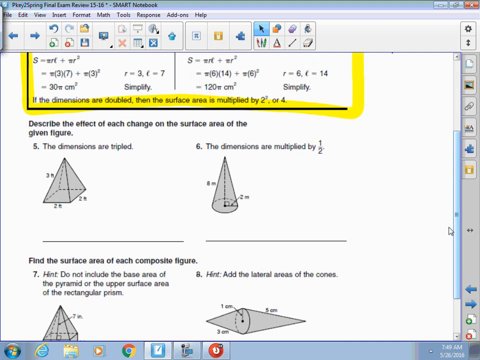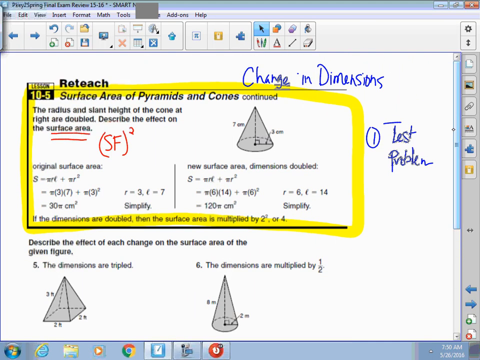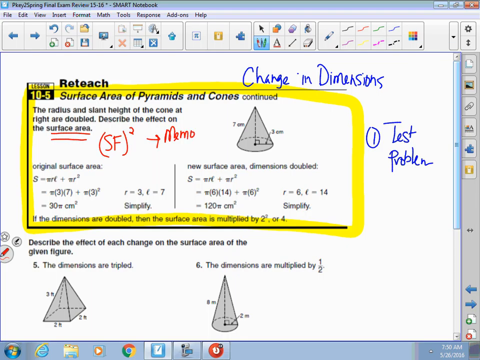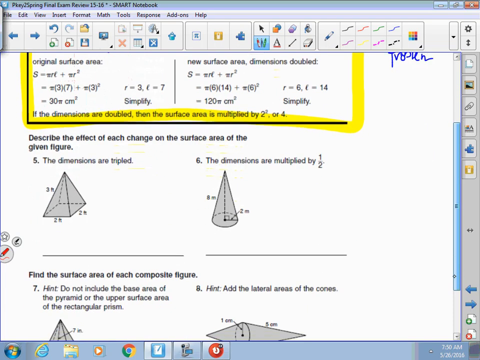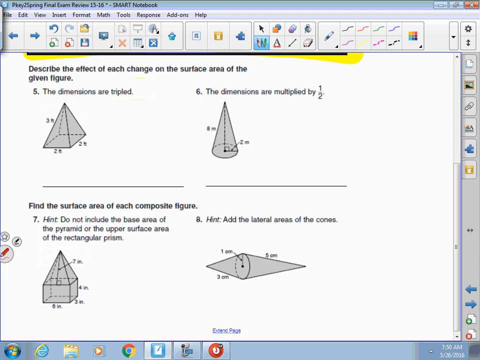But we're talking about changing of dimensions. I forgot to put that there. There's one test problem to this. The thing that you need to memorize, okay, memorize the rule. We just did this for this unit. For surface area, the scale factor is squared, okay? So, for example, describe the effects of the change on the surface area of the given figure. The dimensions are tripled, okay?